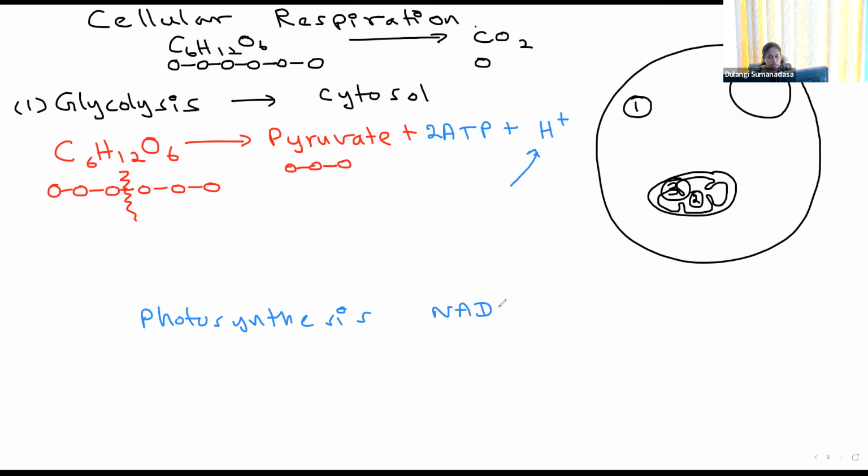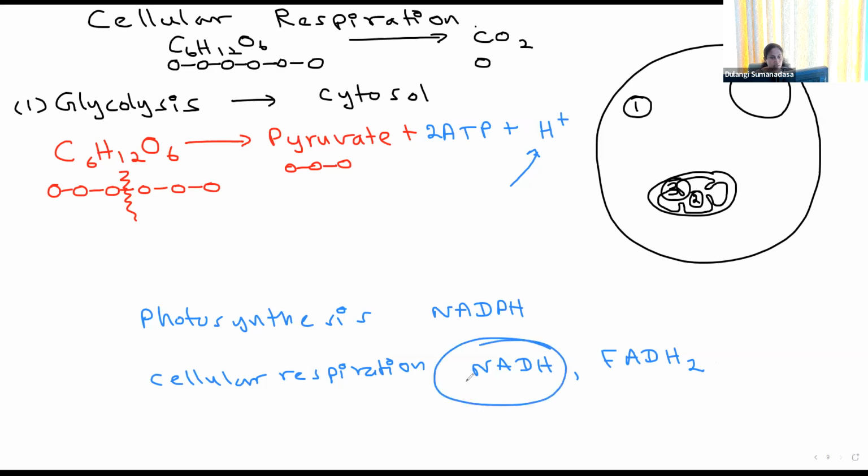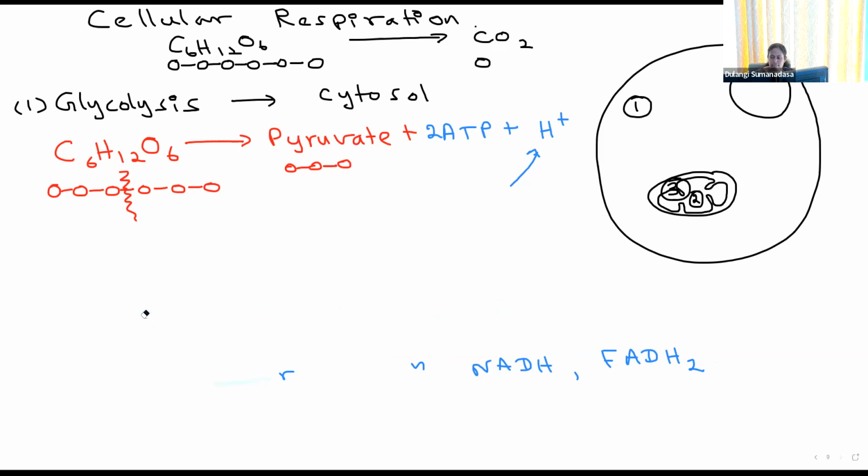The loaded one is NADPH, but we are doing cellular respiration. So we can use the NADH or FADH2. Right, but for the glycolysis, we are using only the NADH. Don't write the FADH2 yet, right?